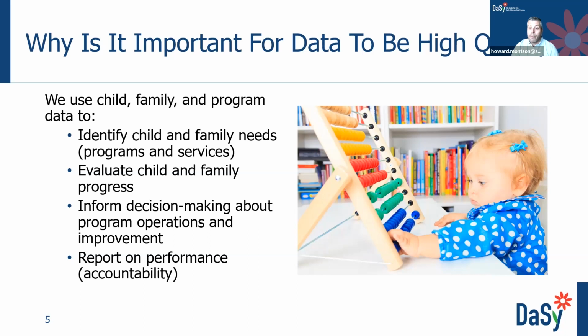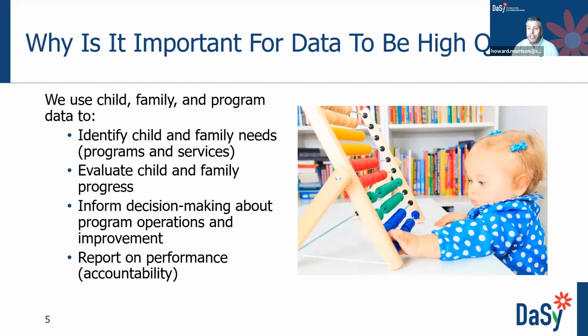Data quality encompasses many attributes, such as reliability, validity, completeness, and timeliness. These attributes are supported by and require people, processes, and data systems dedicated to quality assurance at both local and state levels and throughout the data lifecycle.